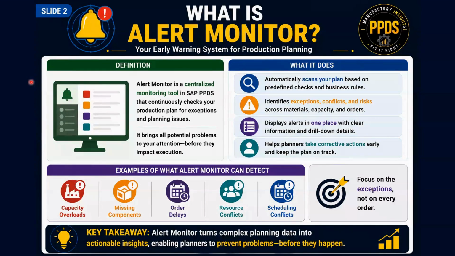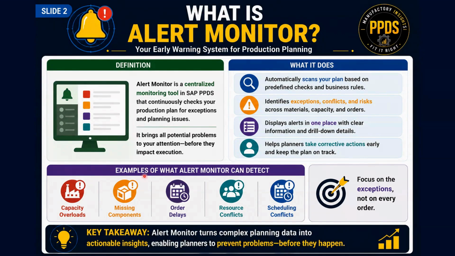Next, we talk about what Alert Monitor is. The Alert Monitor is a centralized monitoring tool in SAP PPDS. It continuously checks production plans for exceptions and planning issues. Instead of searching through thousands of planned orders, the planner only focuses on orders with problems.